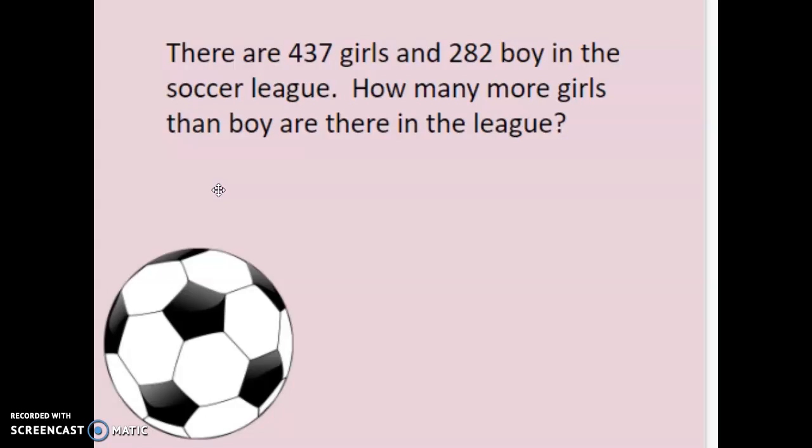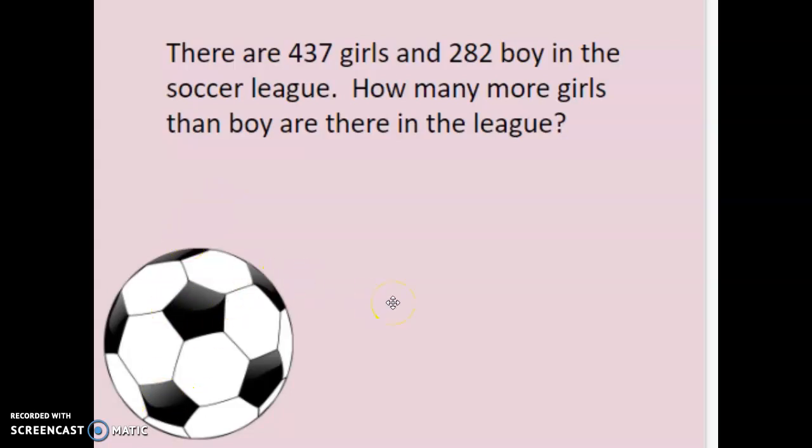So I have to pull some of that number out of there, and I'm going to be pulling the number of boys away from the number of girls so that we can see what's left. That will tell us how many more girls there actually are in the league than there are boys. So the first thing that I'm going to do is get a good estimate.